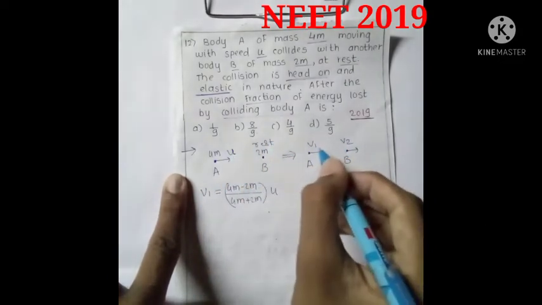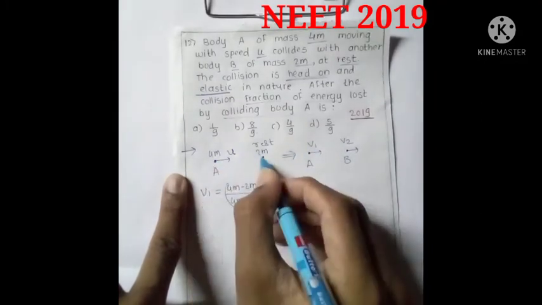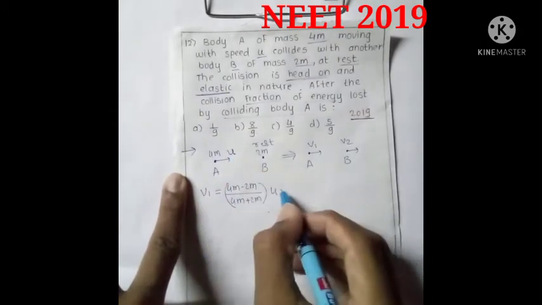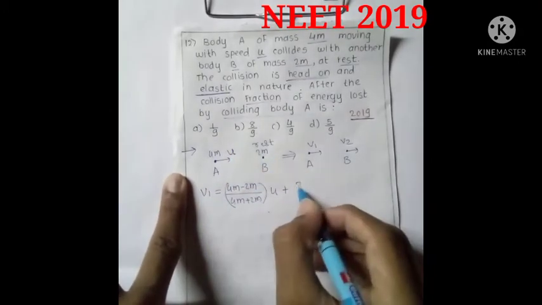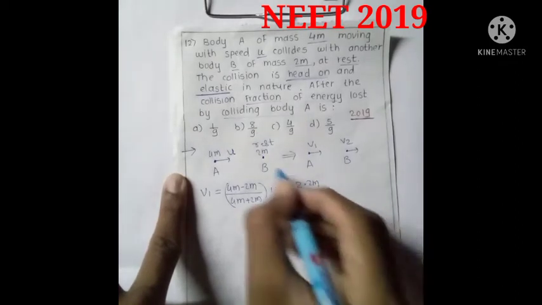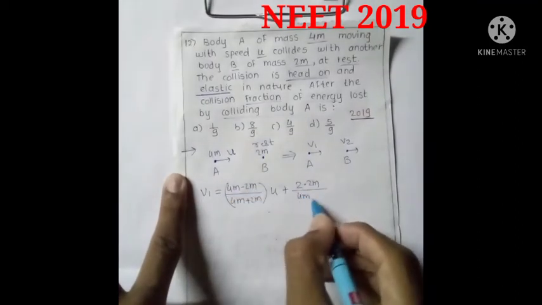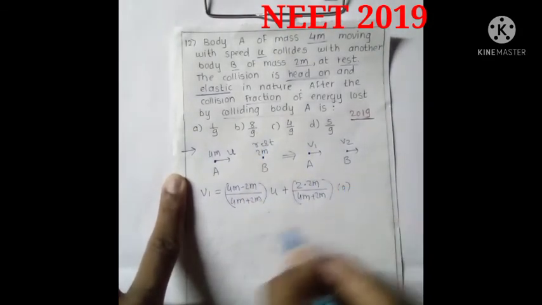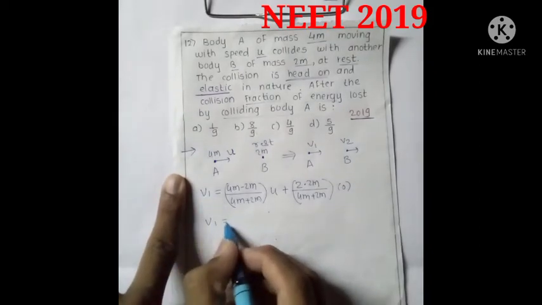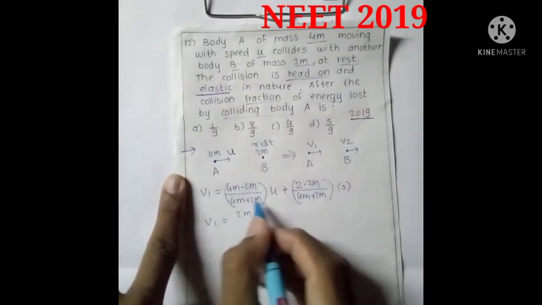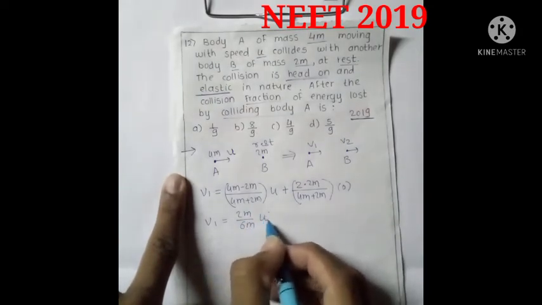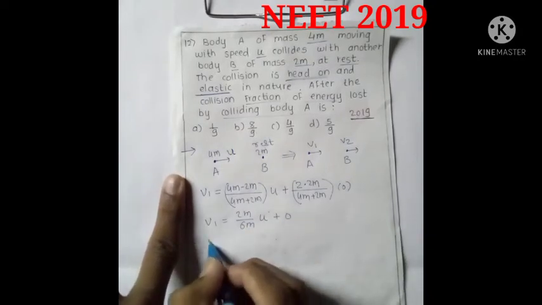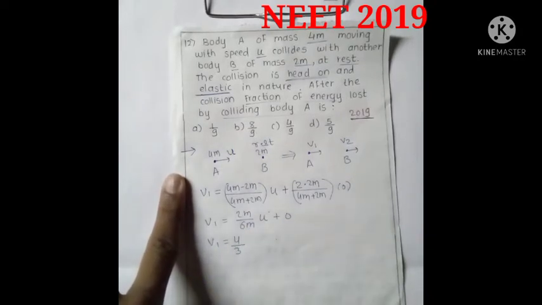Then v1 is equal to (m1 minus m2) upon (m1 plus m2) into u1 plus 2m2 upon (m1 plus m2) into u2. u2 is 0. So v1 is (4m minus 2m) upon (4m plus 6m... 4m plus 2m), that is 2m upon 6m, into u. Multiplication with 0 becomes 0. m gets cancelled and v1 is u by 3.